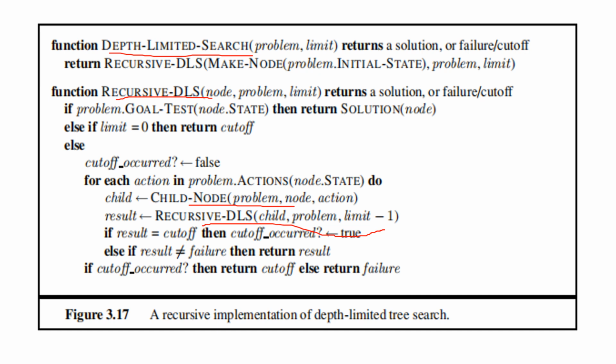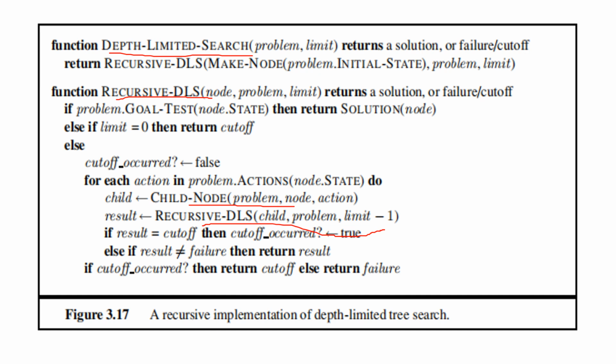Next, if result is equal to cutoff, then cutoff occurred is true. Else, if result is not equal to failure, return result. So that means if any child node hits the depth limit, remember that cutoff occurred. And if a solution is found, immediately return it. That is the DFS behavior it is following.